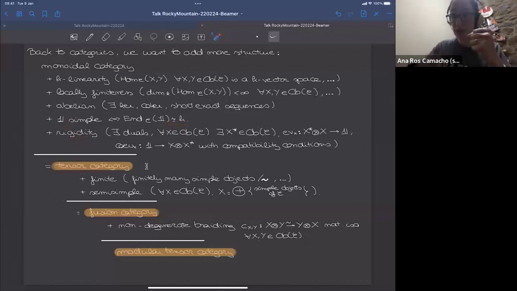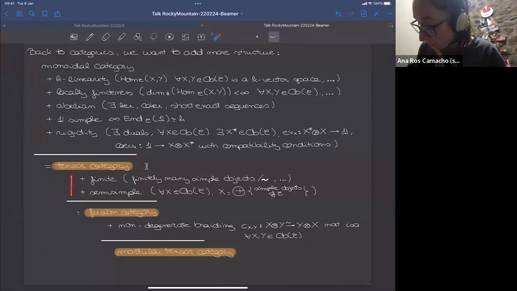For every object, I have another object and morphisms relating these two, satisfying certain compatibilities, on the left, on the right, and so on. So that means my category is rigid. If I have all these properties, I will have what is usually called a tensor category. Some people use monoidal and tensor indistinctly, but I prefer to be clear about what I mean.